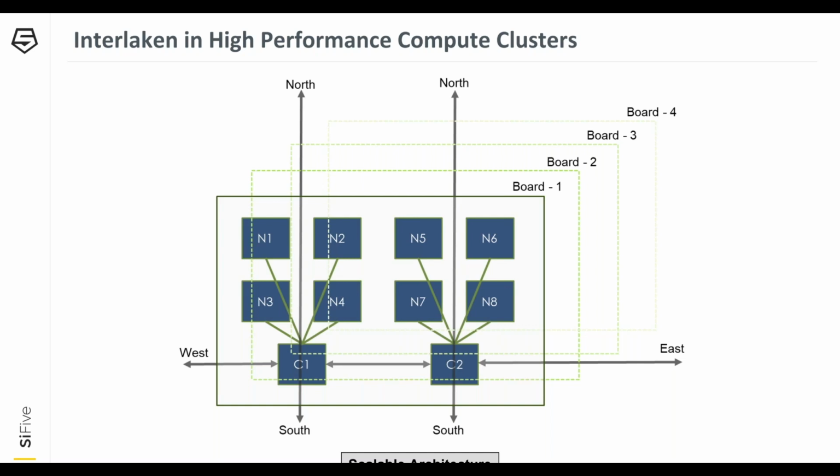This kind of connection provides true scalability for high-performance computing. Most of the links here we foresee are going to be connected using Interlaken, a truly scalable architecture that easily allows more nodes to be added or subtracted.